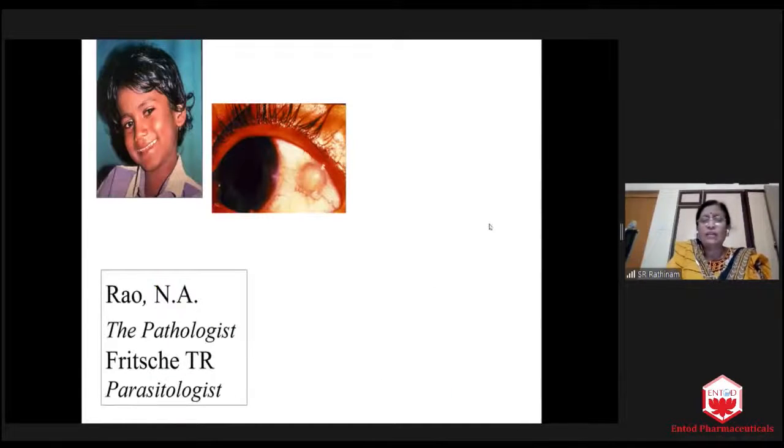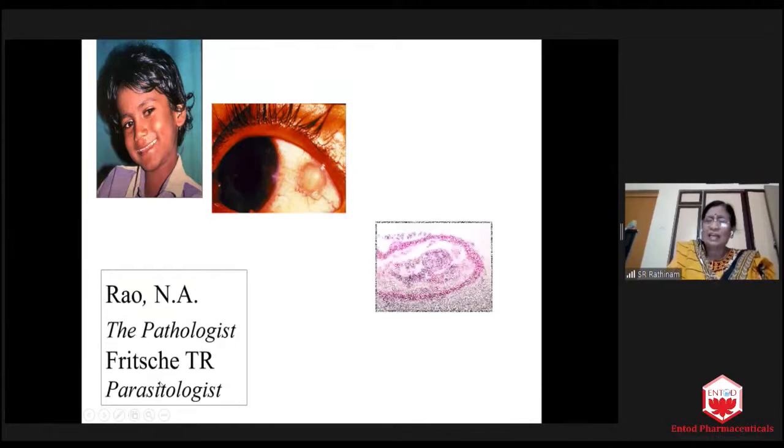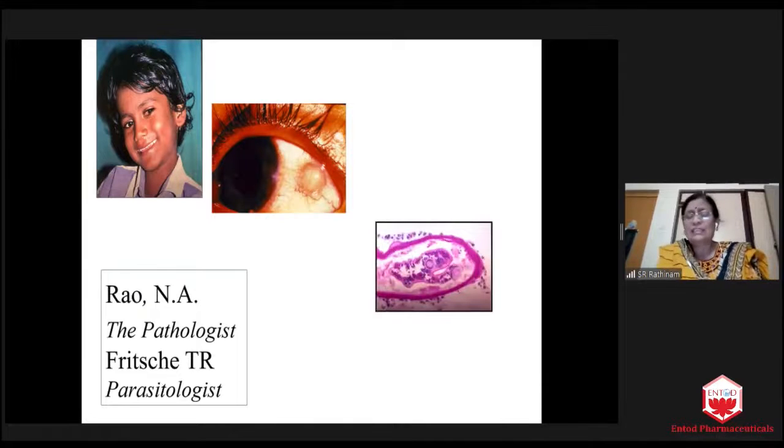And this nodule either looks like a subconjunctival nodule or an anterior chamber granuloma. So we excised these nodules and we collaborated with Dr. Narsingya Rao, a world-renowned pathologist, and also a parasitologist. And luckily, to our surprise, this came as a trematode granuloma.